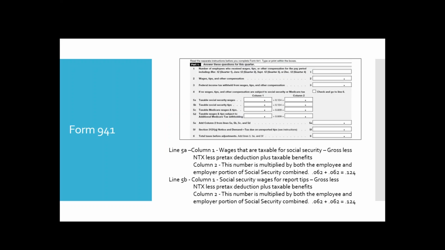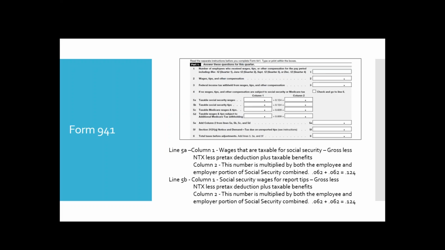Line 5E is a total column, total of column 2 for lines 5A through 5D. I'm going to page back up so that you can see these lines.